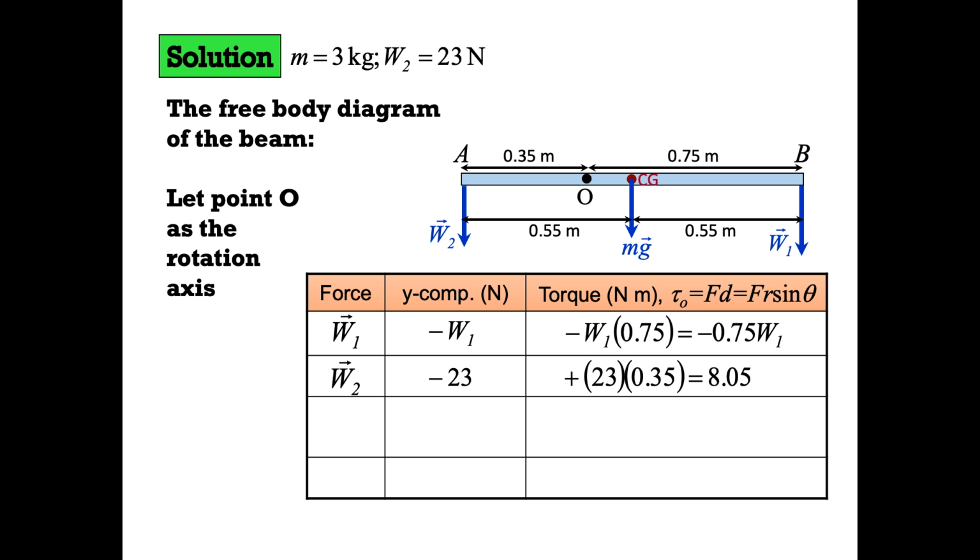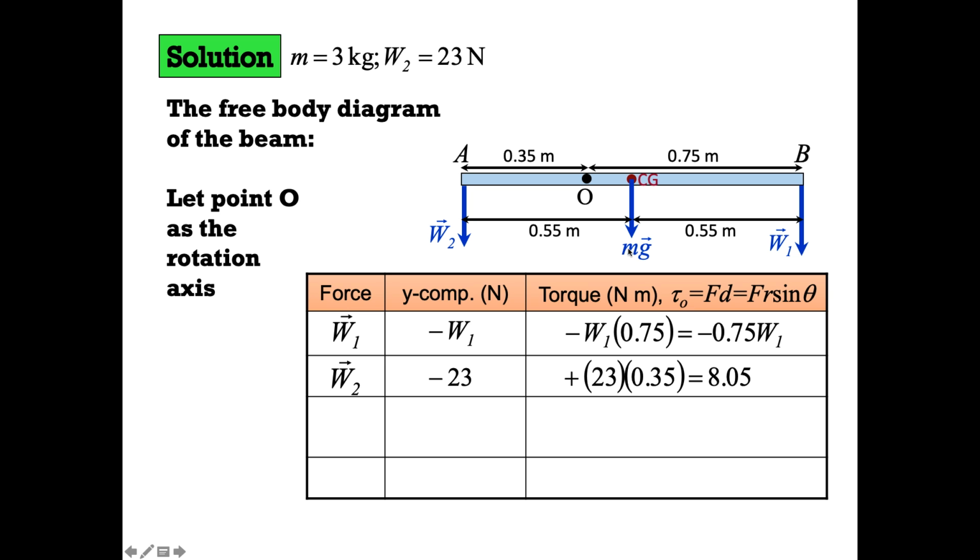Next is the weight of the beam itself. Because the beam AB has a mass, it's a rigid body, right? So this beam will have its own weight, which acts on the center of gravity at the middle of the beam.